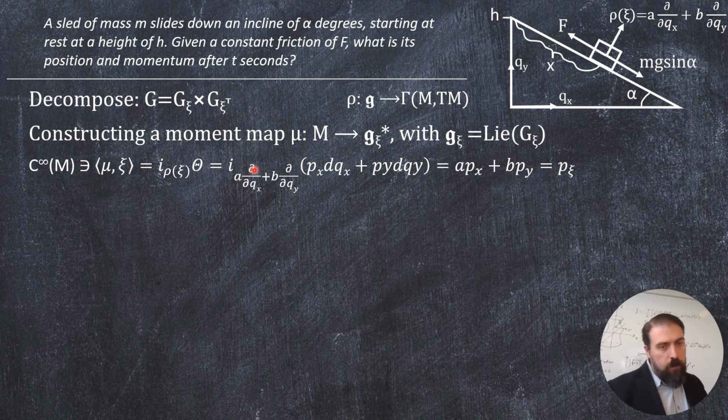Interior product with respect to del q with the qy here, for instance, is not going to produce anything. So the surviving terms are these, and this is just the momentum in the direction perpendicular to the plane.